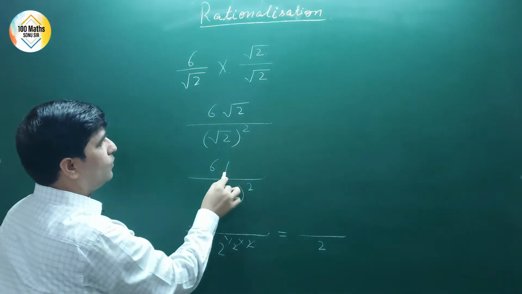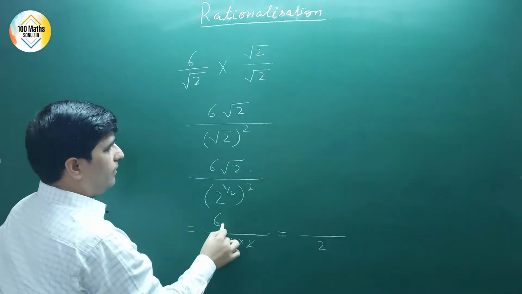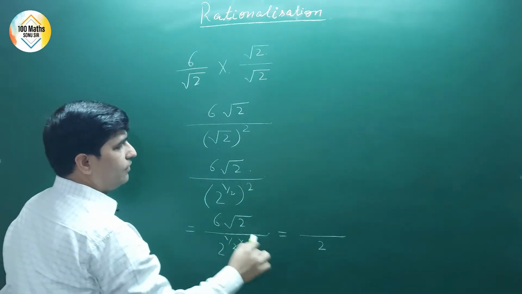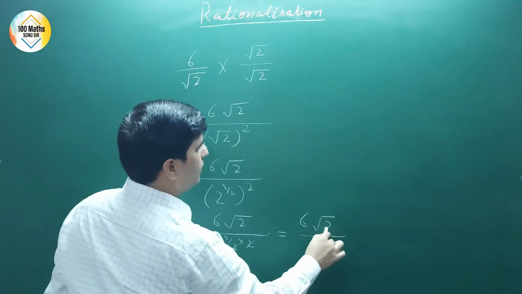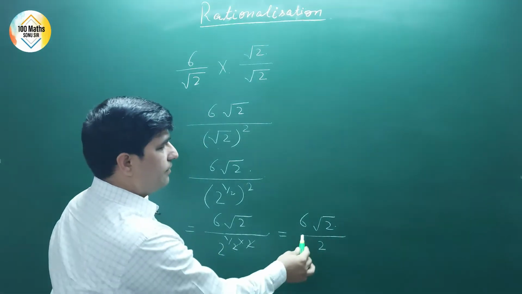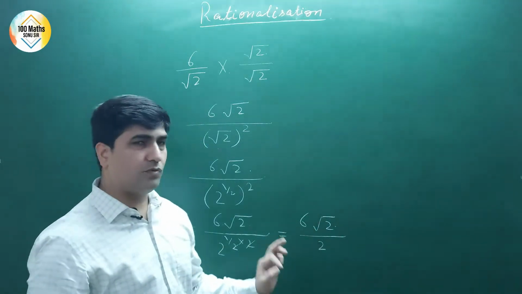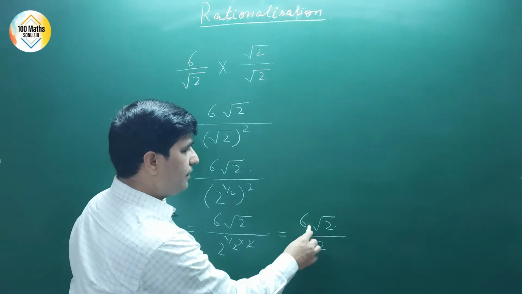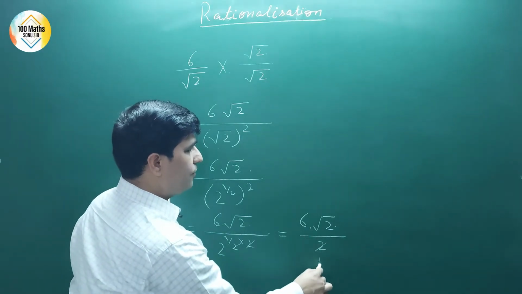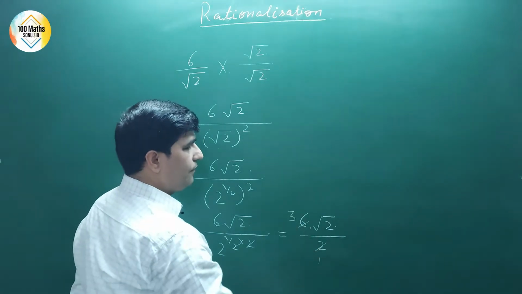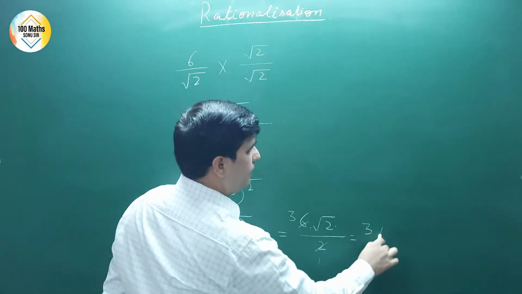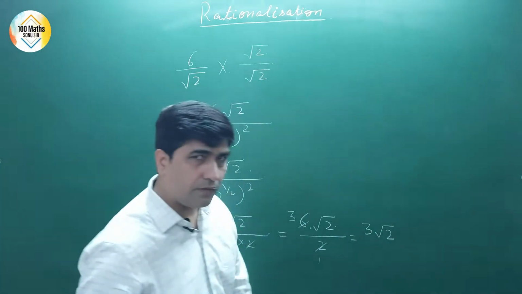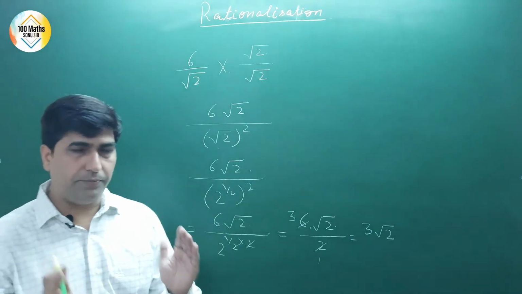Numerator is 6√2, so same will carry forward. So this is 6√2, right. What is the sign between 6 and √2? We have multiplication sign, so we can simplify it in this way, 2 and this is 3. So what will come? It is 3√2, right.